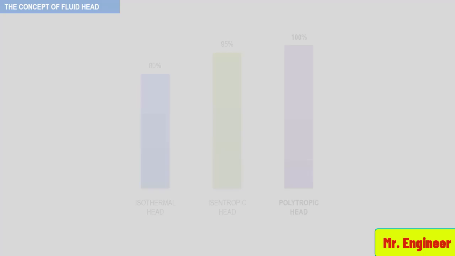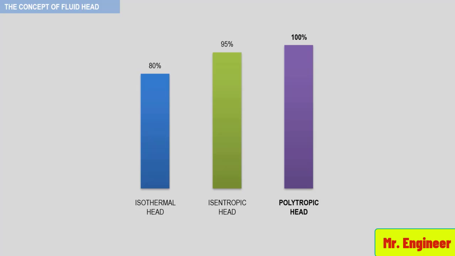The following figure shows different types of ideal heads and the relative difference between their values as compared to polytropic head. Recall that for isothermal head, the temperature of the gas is constant during compression, and that for isentropic or adiabatic head, no heat is transferred during compression.